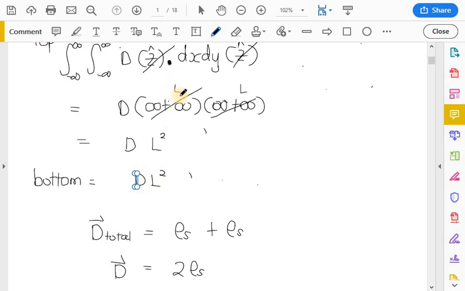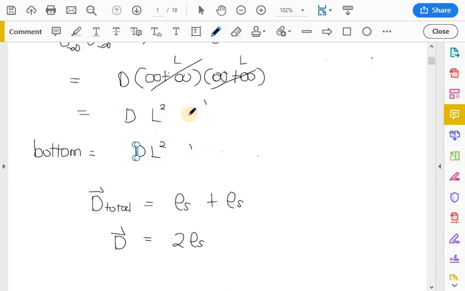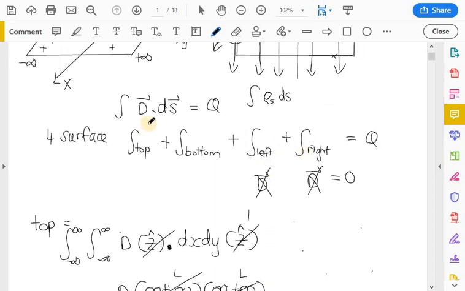L is actually just a variable because writing this one is too long. So I represent this one as L, and this one is also L, so you will have L squared, and for the bottom part, L squared also. So the total flux on the left hand side will be DL squared plus DL squared. So you will have 2 DL squared. So this is this side. How about the other side?